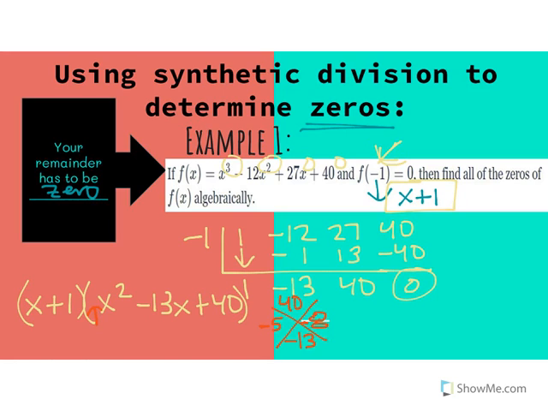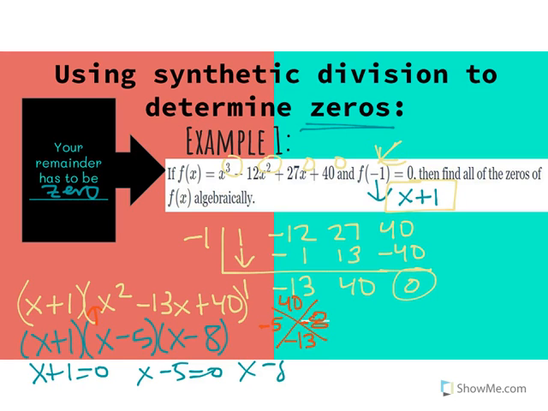So we have x plus 1, and then we have our new x minus 5 and x minus 8. Okay, so these are all going to be our new factors. When I actually solve for these, you're now setting each of these equal to 0, and you're solving for x. These are going to be your x-intercepts. This is just like our regular factoring when we're breaking them down.